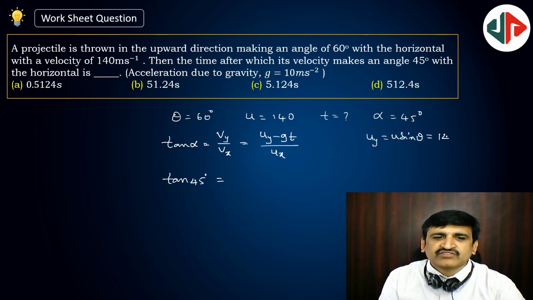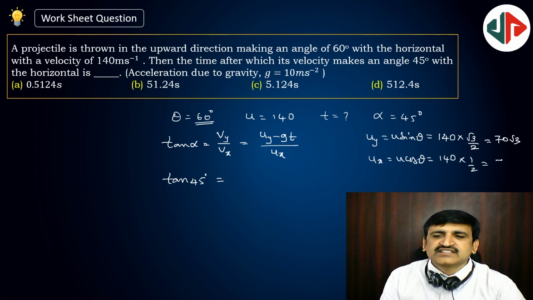U is 140. Sin 60 is root 3 by 2, that means 70 root 3. This is Uy. Ux is equal to U cos theta, that is 140 into 1 by 2, which is 70.